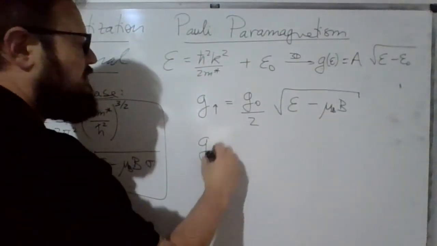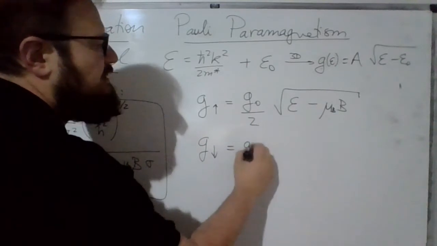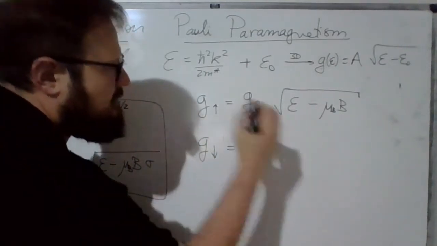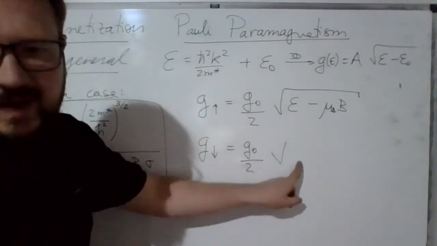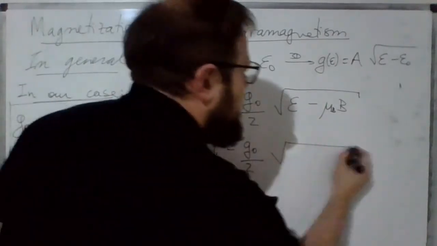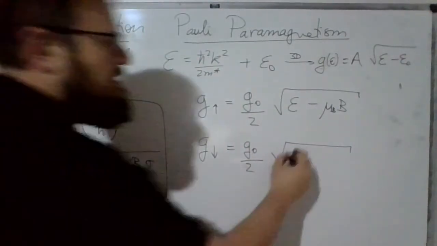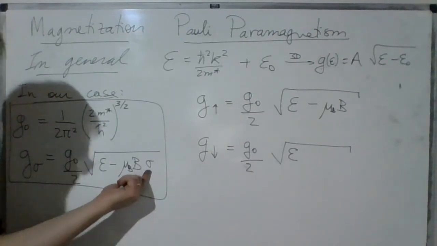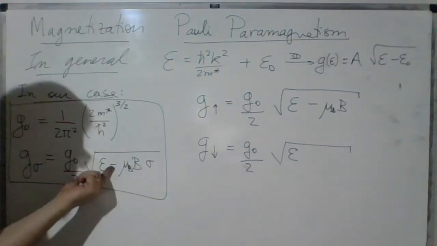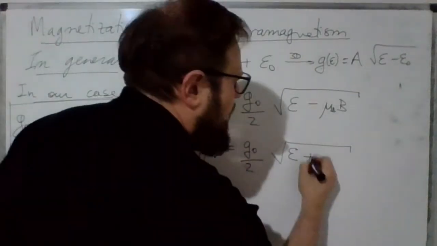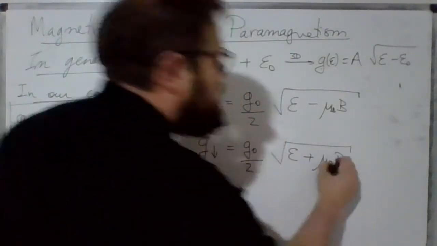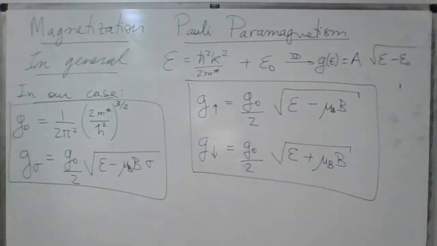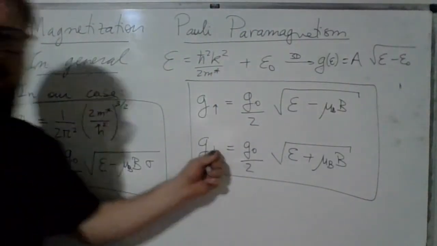And for the down spin, we have G0 divided by 2, just a constant. The relevant aspect comes into play inside this square root. It is the energy. If we have a down spin, it is a minus sign here. Minus times minus is a plus. So plus a Bohr magneton times B.